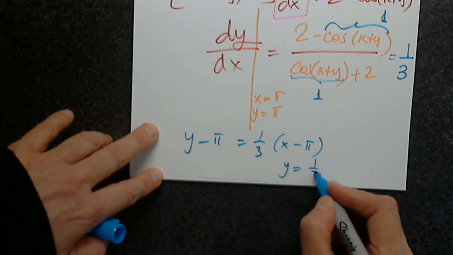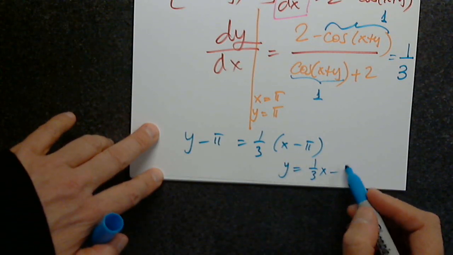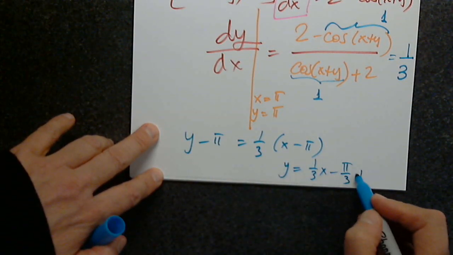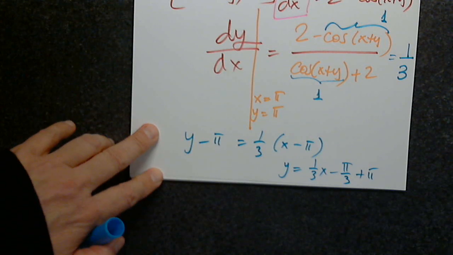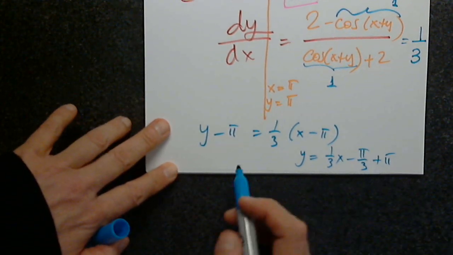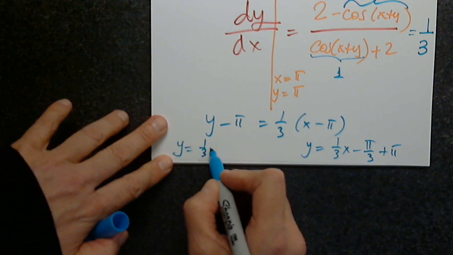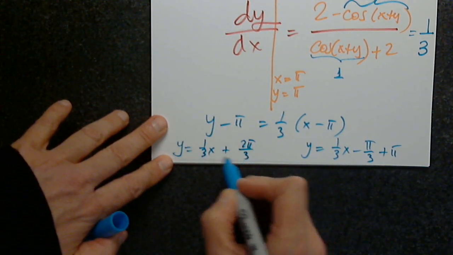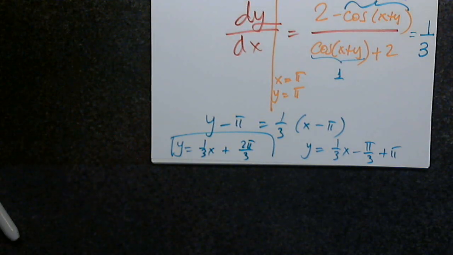So y equals 1/3 x minus pi over 3, but plus pi. Pi minus pi over 3 is 2 pi over 3. So I'm going to write it here: y equals 1/3 x plus 2 pi over 3. This is the equation of the tangent line to the given curve.